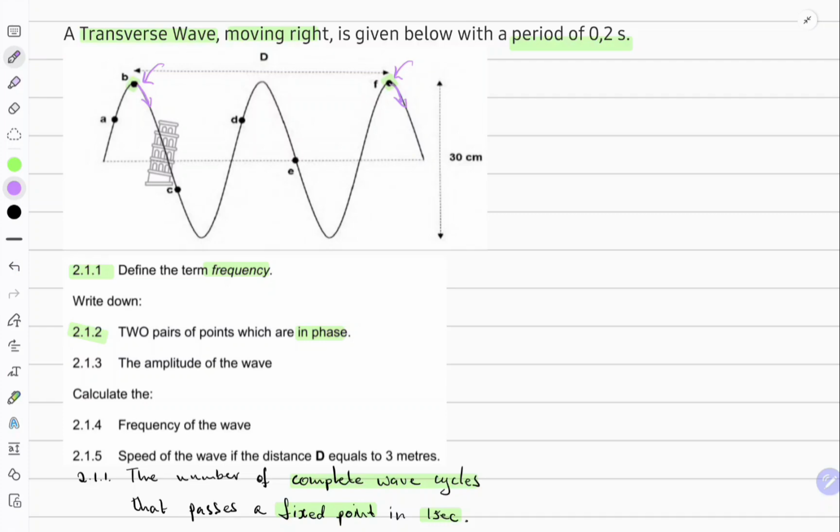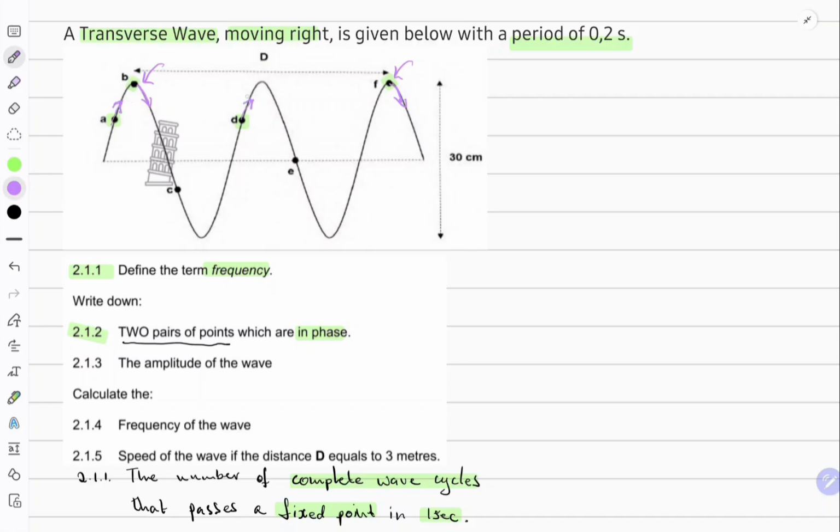But the question wants us to find 2 pairs of points. We only found 1 pair. If you consider A and D, you can see that A and D assume the exact same position on the waveform, and they both lead to an upward disturbance.